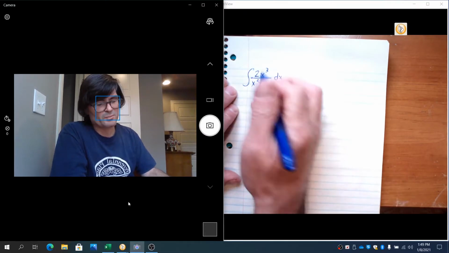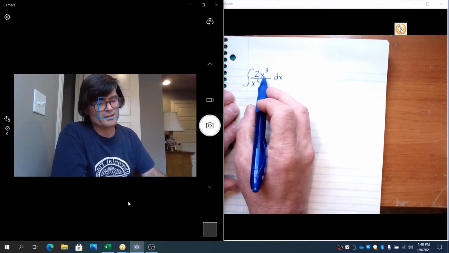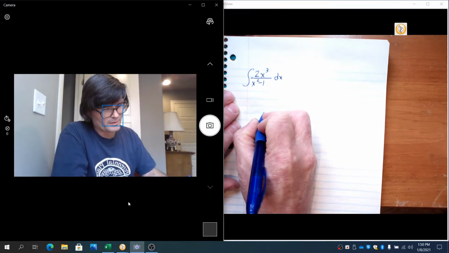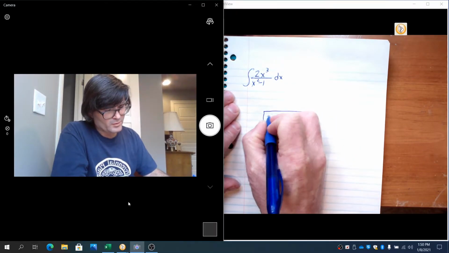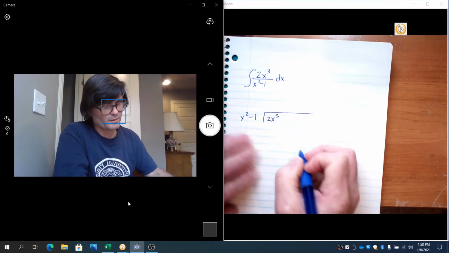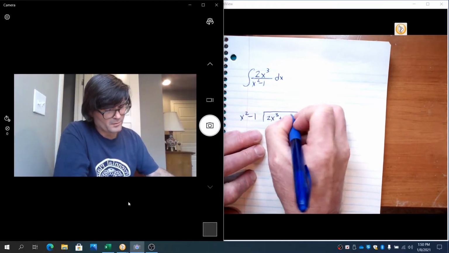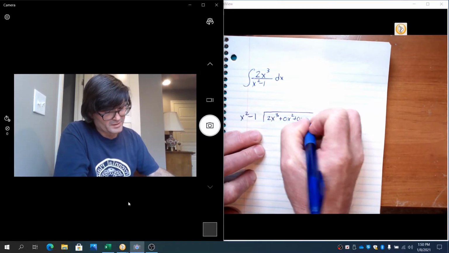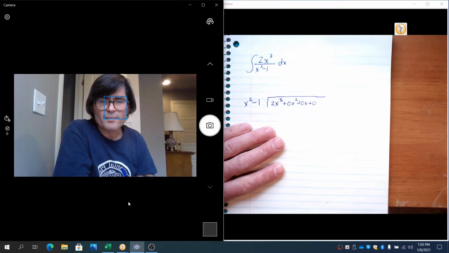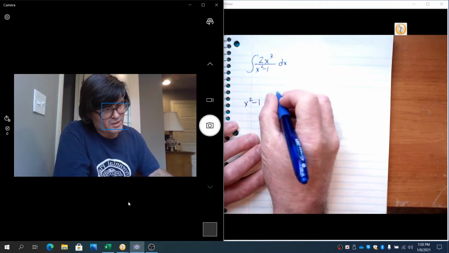So we're going to need to re-express this 2x cubed divided by x squared minus 1. So let's just do that down below here. 2x cubed divided by x squared minus 1, I'm going to say plus 0x squared plus 0x plus 0, just to fill my spaces. x squared times what is 2x cubed?